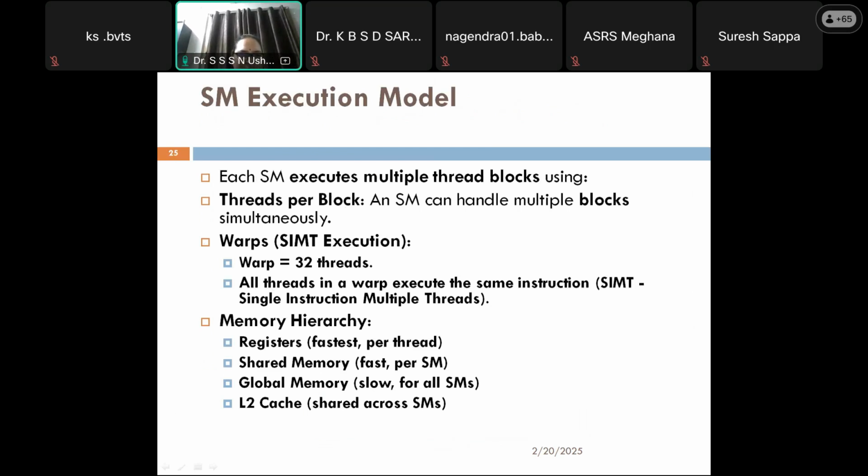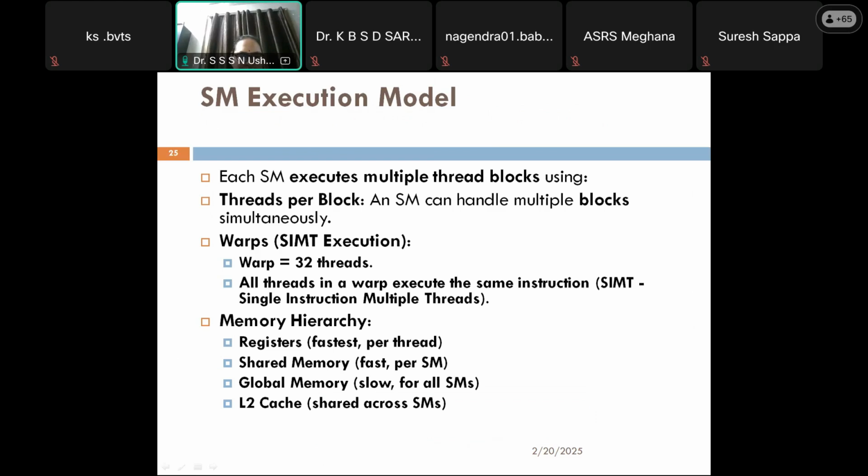The SM has a certain memory hierarchy: registers, shared memory, global memory, L2 cache. GPUs support different kinds of memory. We have already seen shared memory and global memory in the GPU structure.